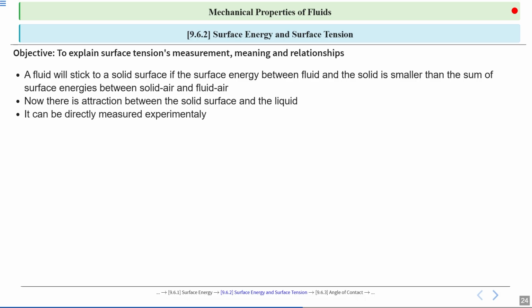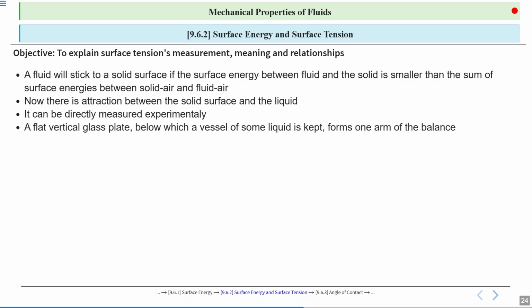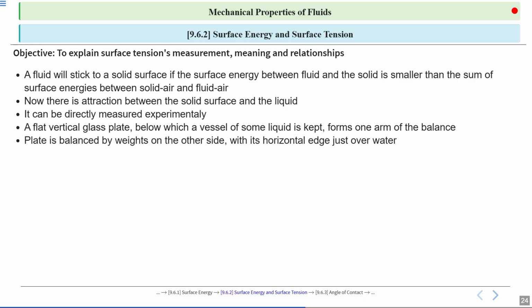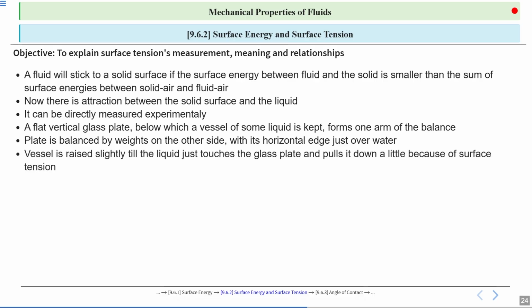It can be directly measured experimentally. A flat vertical glass plate, below which a vessel of some liquid is kept, forms one arm of a balance. The plate is balanced by weights on the other side, with its horizontal edge just over water. We slowly raise the vessel until the liquid just touches the glass plate.